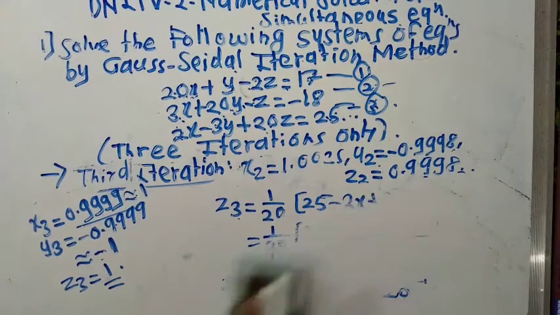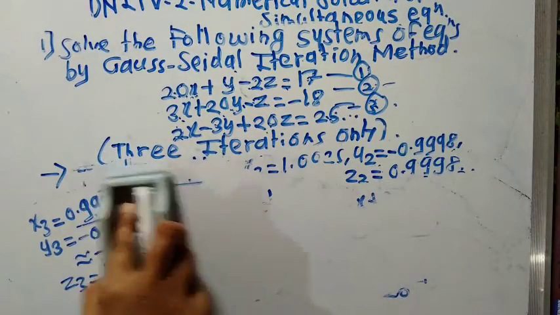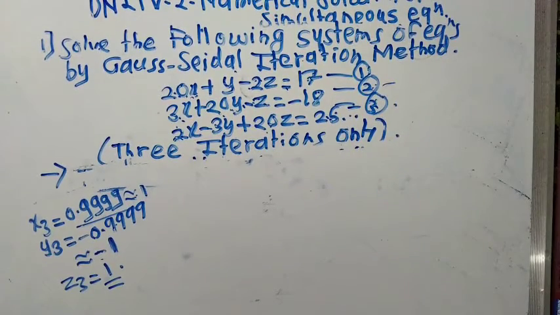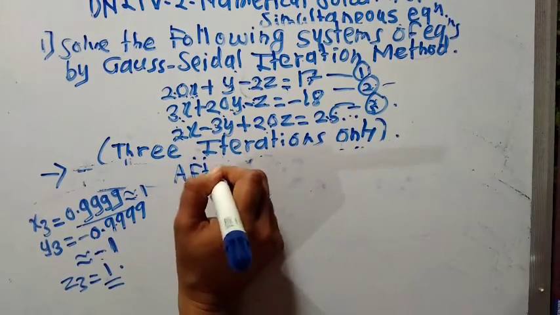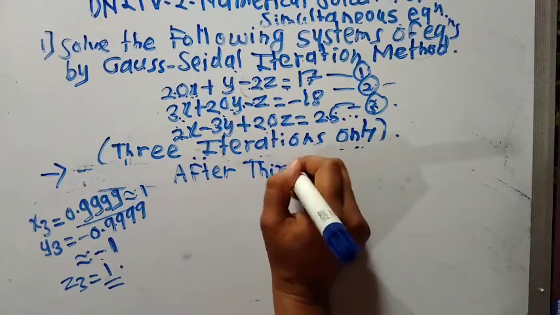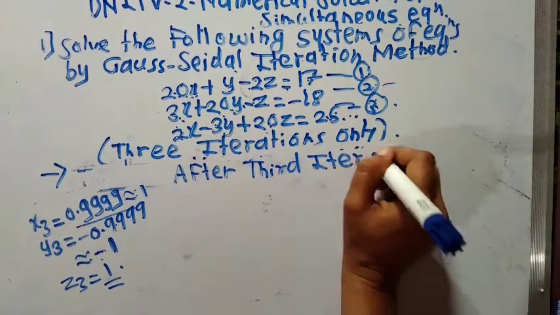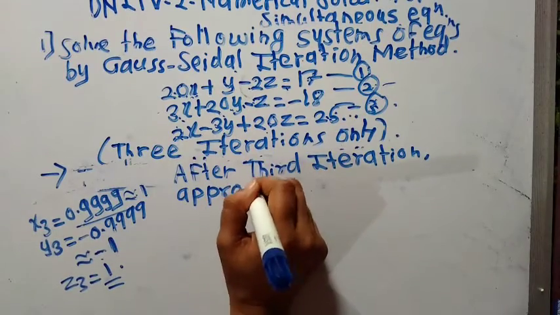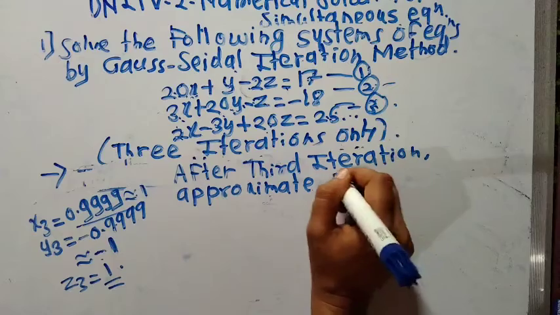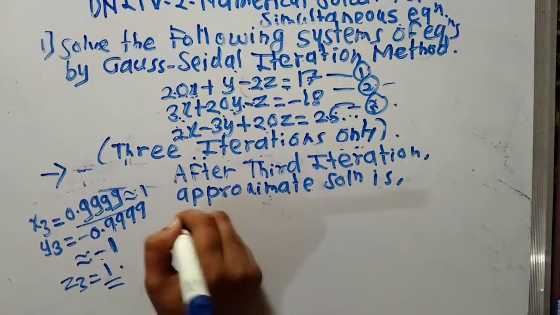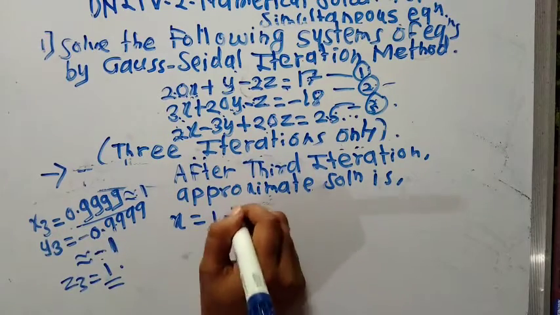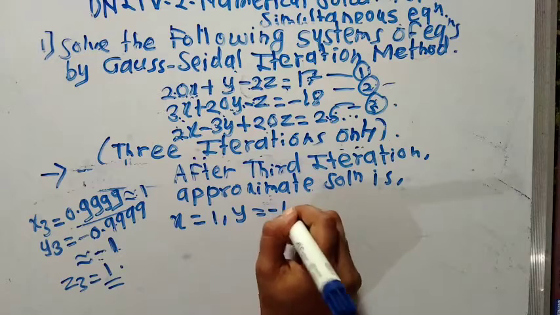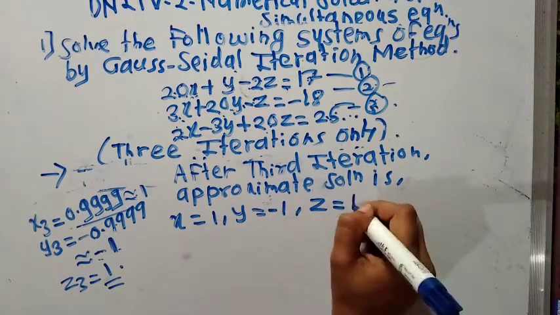So here we carried out 3 iterations. Hence, after the third iteration, the approximate solution is x is equal to 1, y is equal to minus 1, and z is equal to 1.